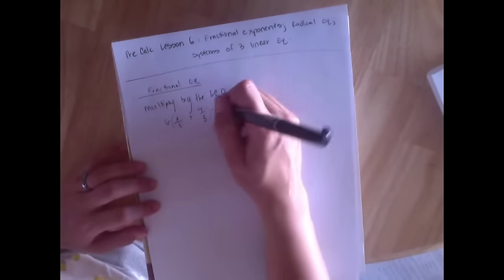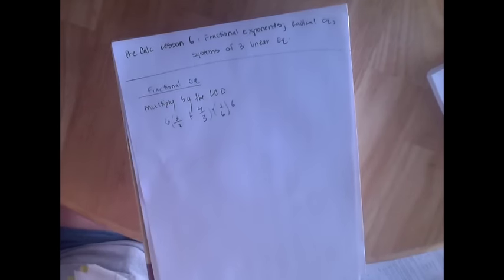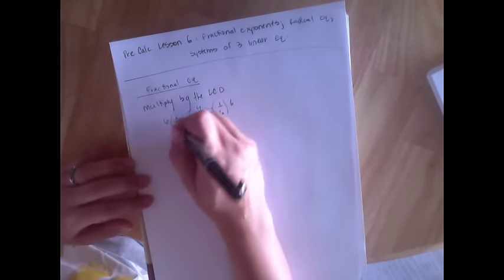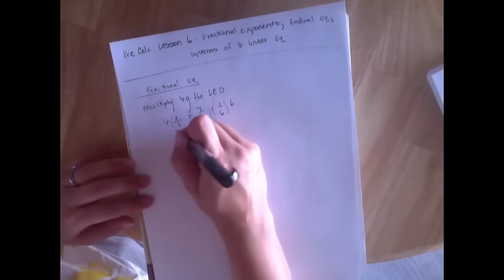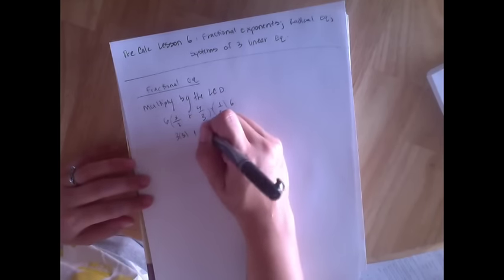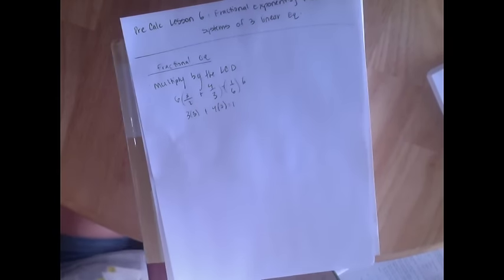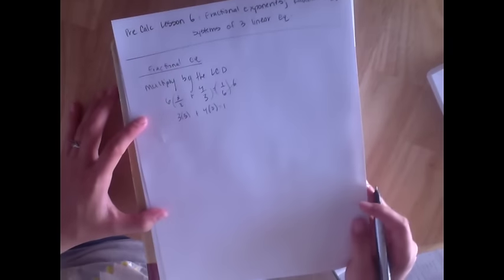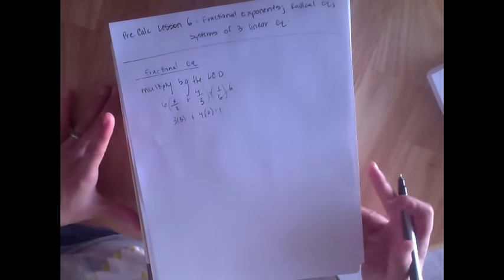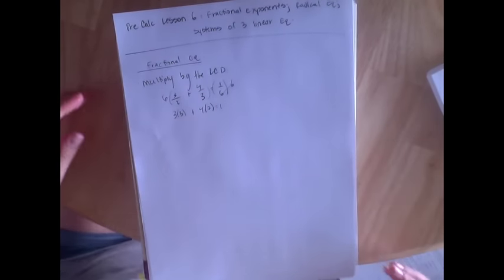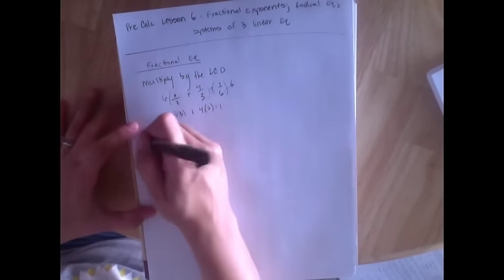Let's say it equals 1 over 6. We multiply everything by 6. So here the 6 and the 2 cancel, leaving me with 3 times 3. This becomes 4 times 2, and this becomes equals 1 because our 6's cancel. It's the same concept, but this time we will be having equations.